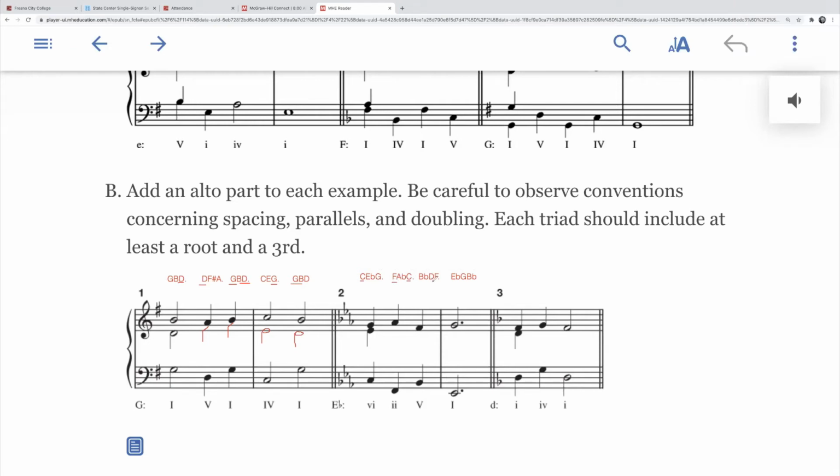Can I get a little off topic for a second? Sure. On our next test, like our final, can we have our cheat sheet or charty chart? Sure, I don't care about that. Okay, thank you. Your next test, however, is going to have a lot of part writing error detective work.